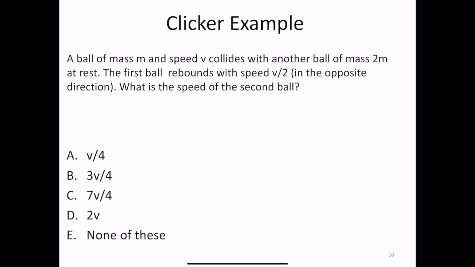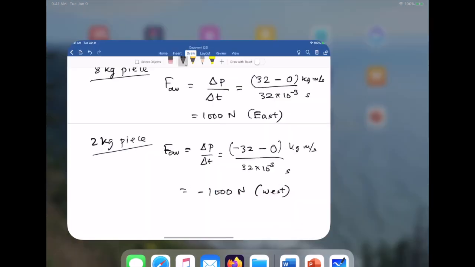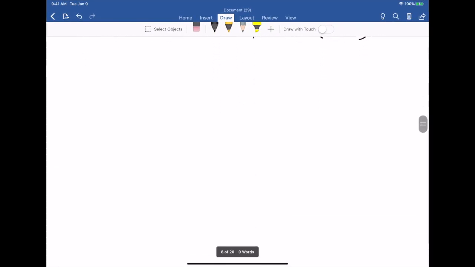Give this a try. Pause the video and give this a try and see if you can work it out. And then look at how I do it. So this is the example on slide 16.